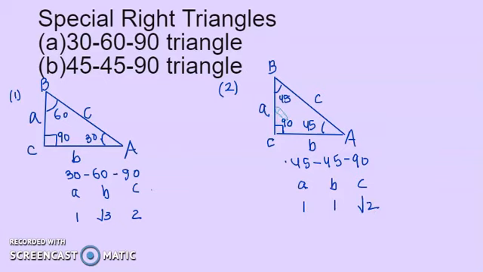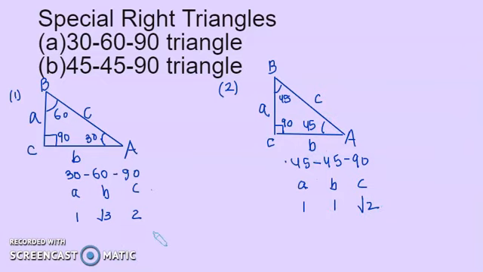That means side A is 1, side B is 1 and side C is root 2. The sides facing the 45 degree angles, that is A and B, are both equal and 1 each, whereas side C is root 2.